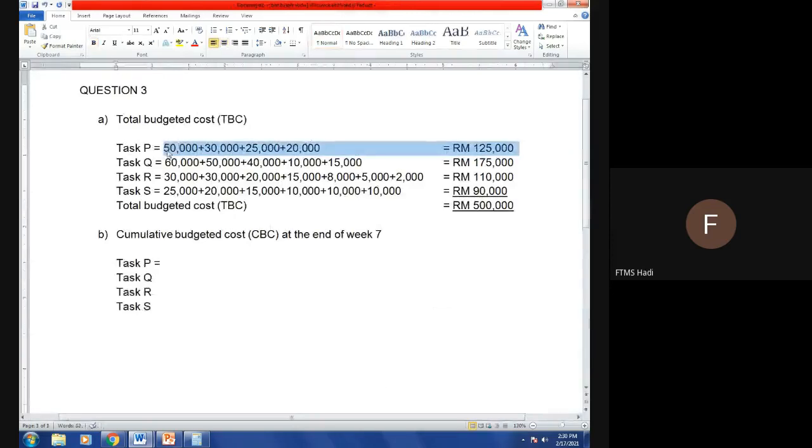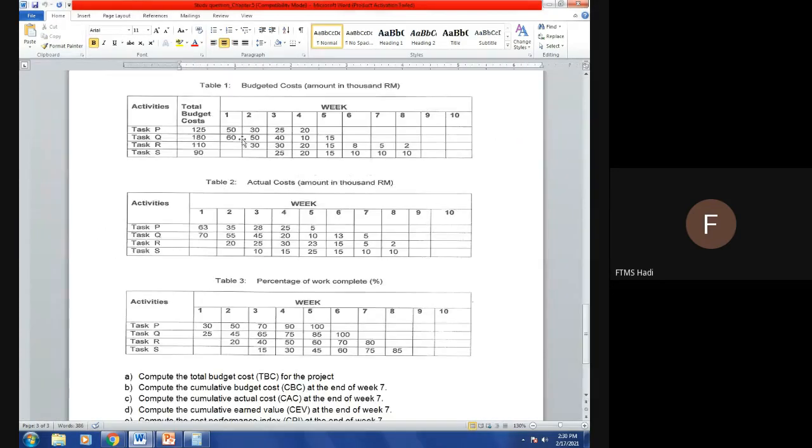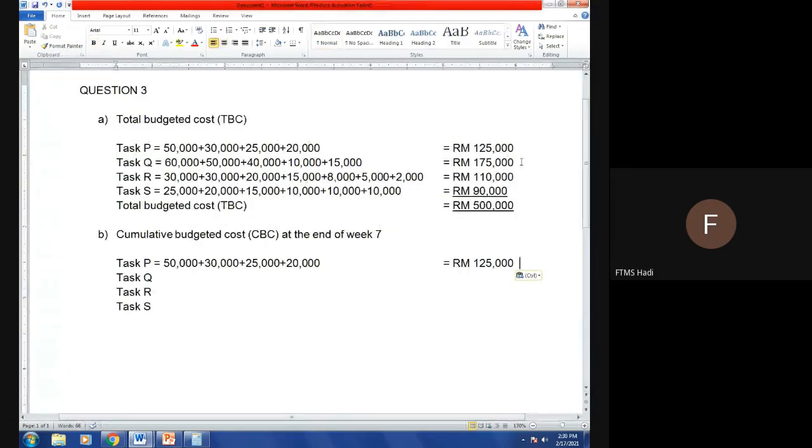You get the same answer, because same amount. For task Q also, I just copy and paste because you can get the same answer there.